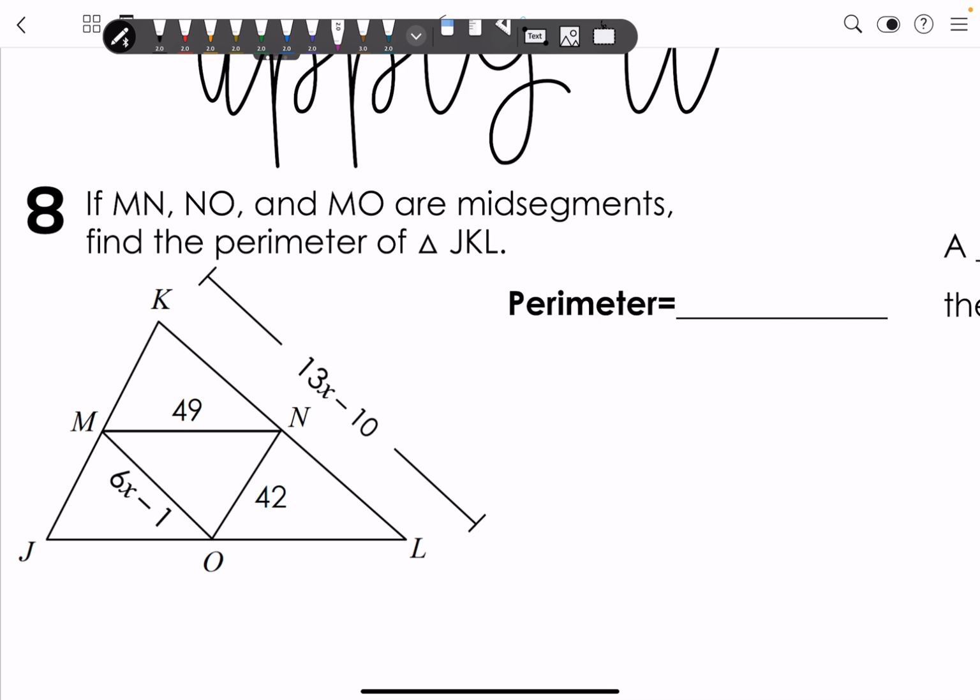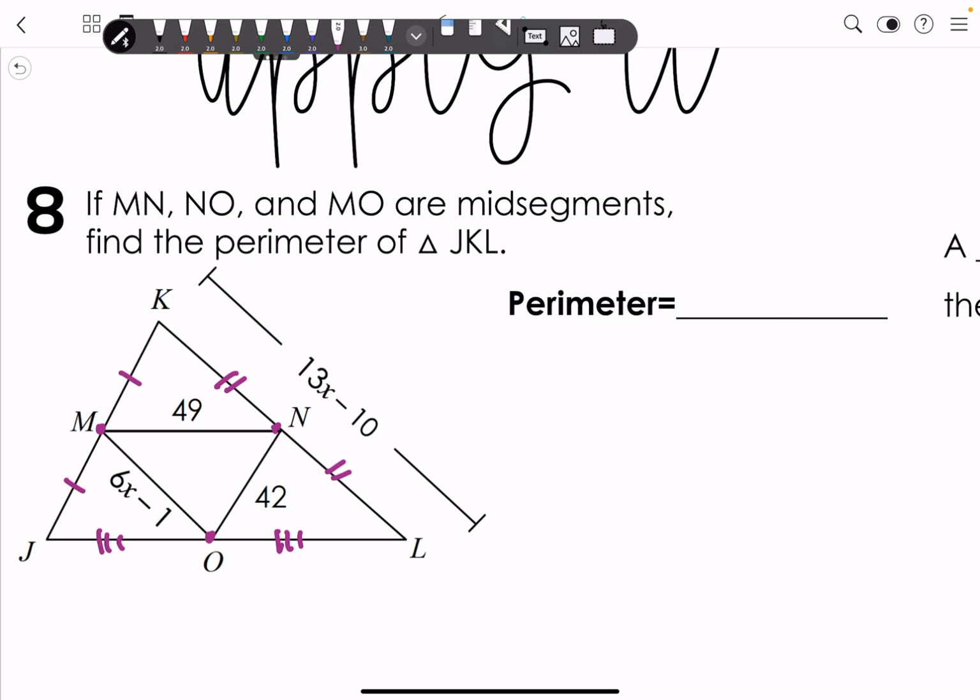So if MN and NO and MO are mid-segments, meaning M, N, and O are midpoints of those sides of the triangle, all right? And then we are being asked to find the perimeter of triangle JKL.